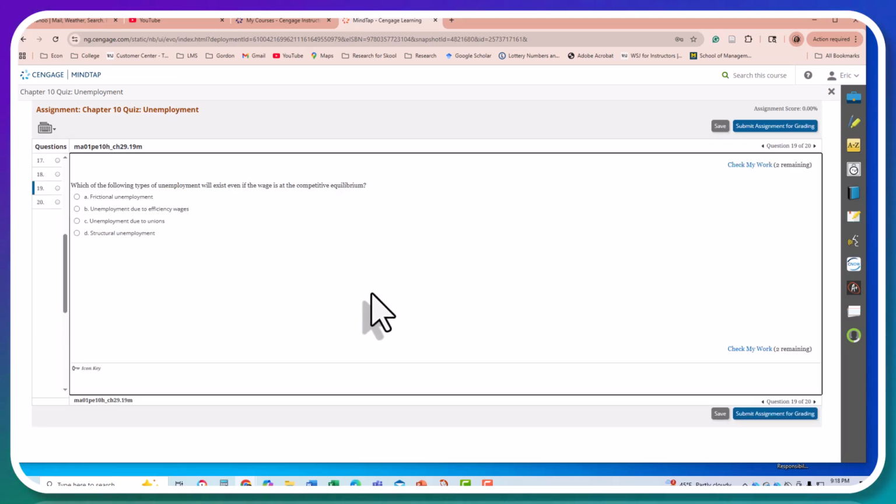Which of the following types of unemployment would exist even if the wage is at a competitive equilibrium?